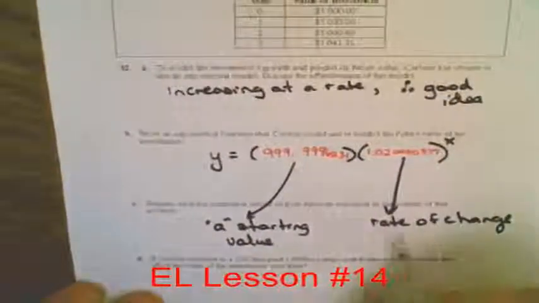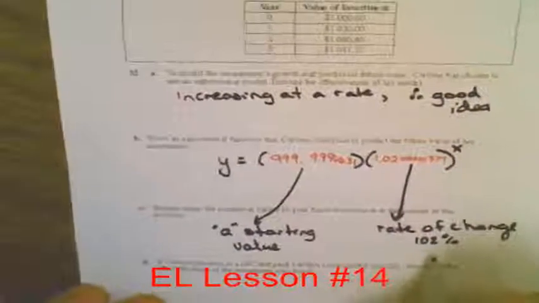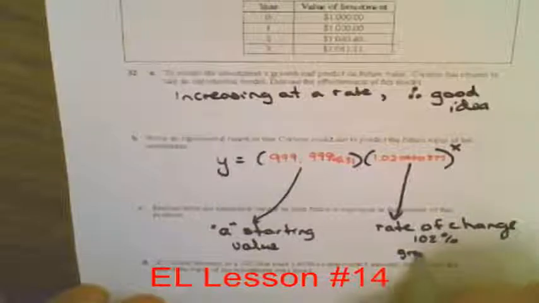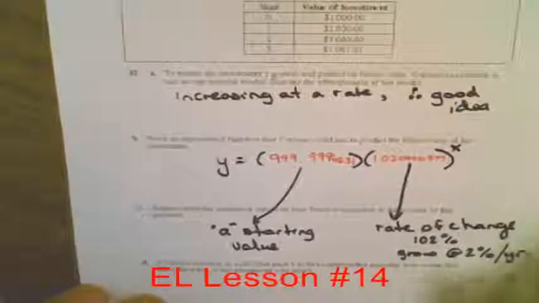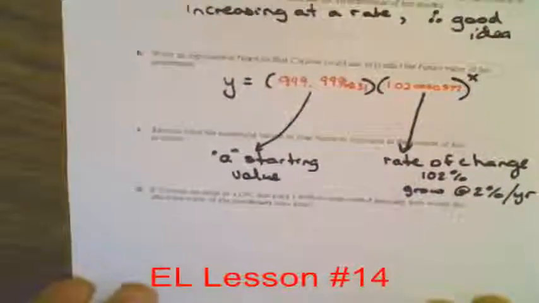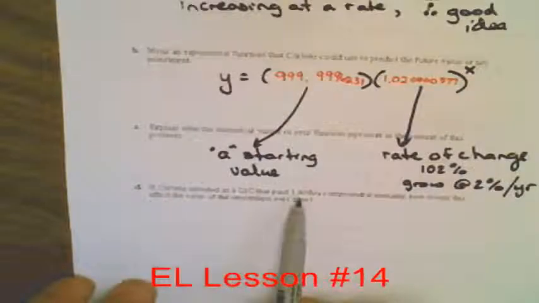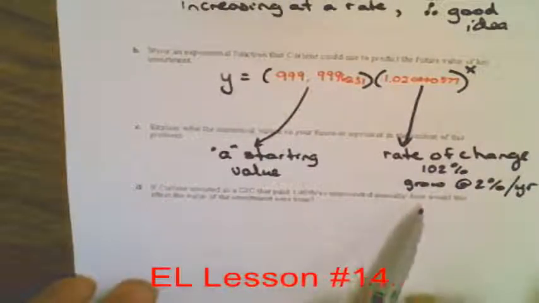The other thing here is this particular value is called the rate of change. And from there I can see that I end up with 102% each time, or it's growing at 2% per year. Okay, so I can go with it from there.